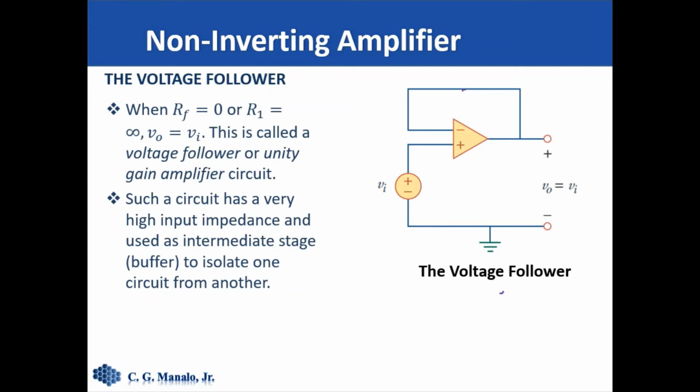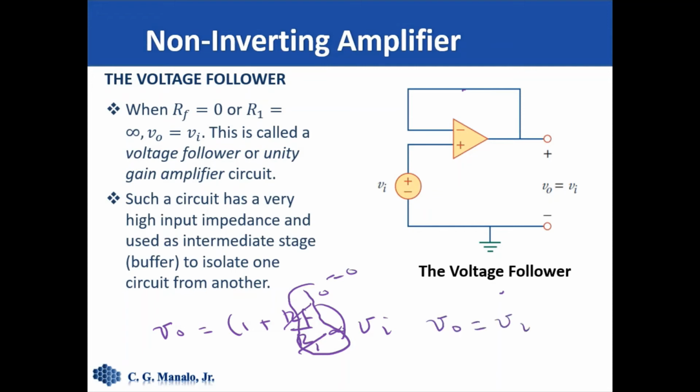So here, since our output was derived to be like this, and this is 0, while this is infinity, this makes this ratio equal to 0. So that means our output is also the input. Okay.